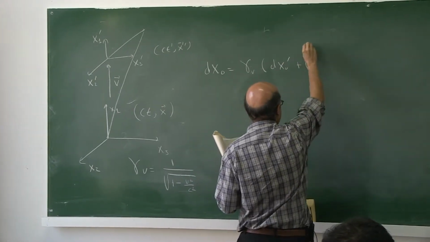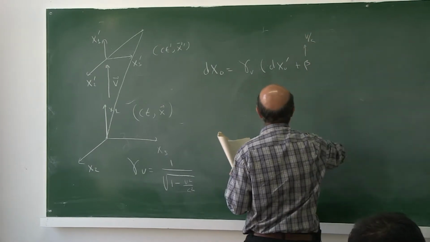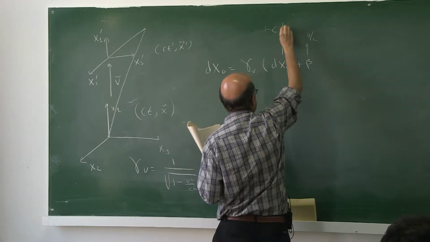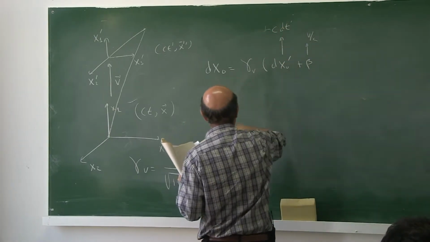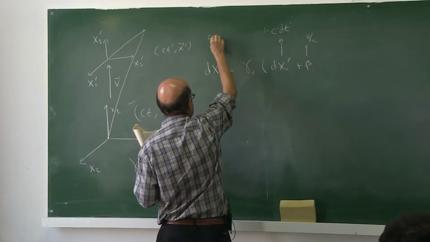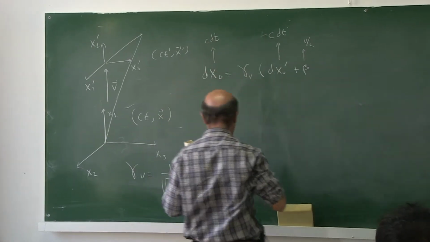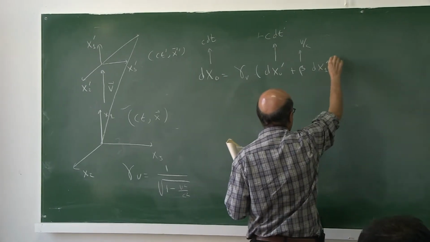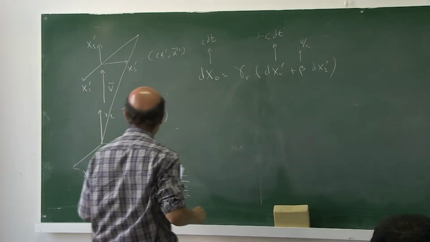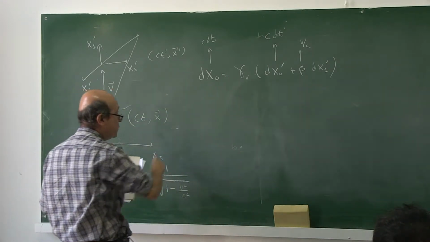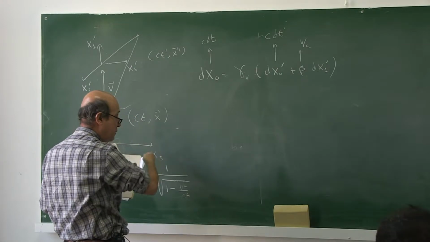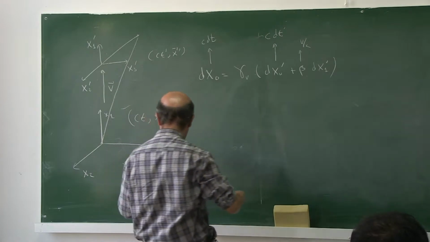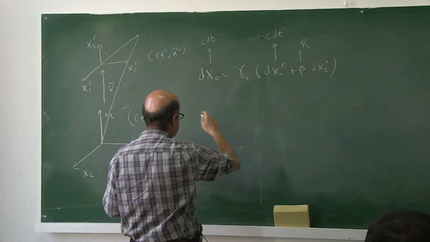Beta is v over c, dx0 prime is c times dt prime, and dx0 is c times dt. This is the Lorentz transformation in one dimension, along x1, and this is the transformation of the time coordinate.